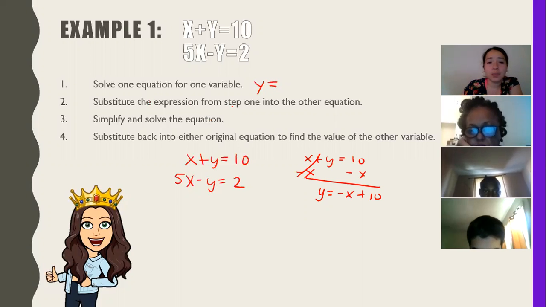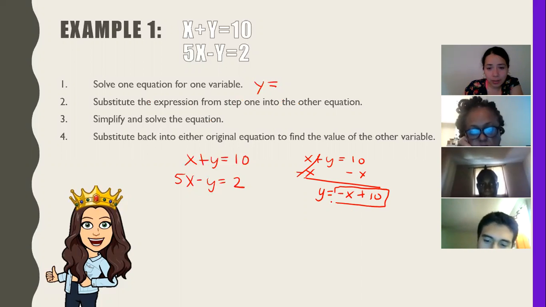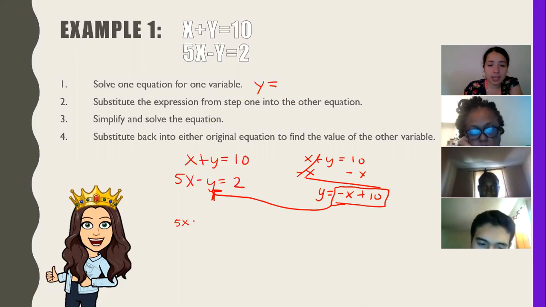Now substitute the expression from step 1 into the other equation. So we're going to take this from step 1, and notice it says y equals, so we're going to make it come in here for the y. So we're going to take 5x minus, and then put everything in parentheses, negative x plus 10, equal to 2.